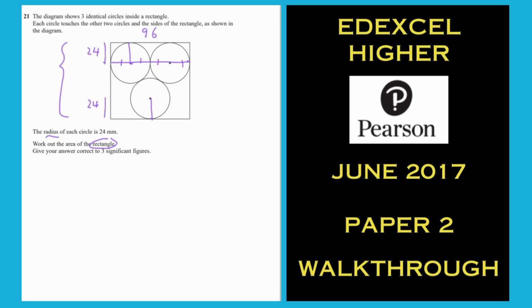The problem here is we don't know the bit in between, but you can make a triangle inside. Okay, what's even more important is that's the radius, so that is 48. So is that. So is that.